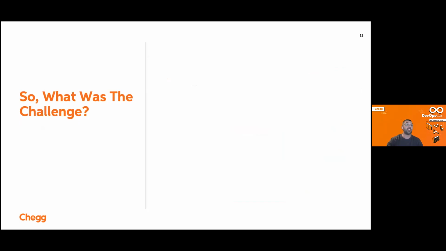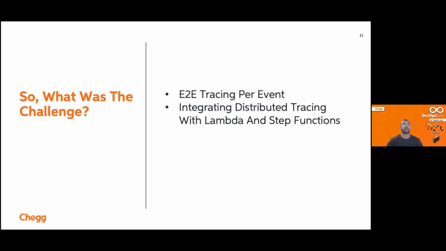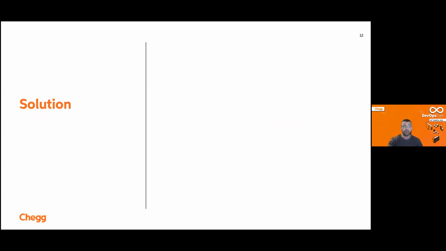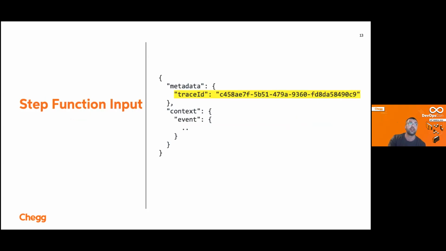So what was the challenge actually? To have end-to-end tracing per event, and to integrate distributed tracing with Lambda and step functions. And our solution was to use a trace ID across all Lambda functions. If you remember, we are triggering a step function with an initial payload.